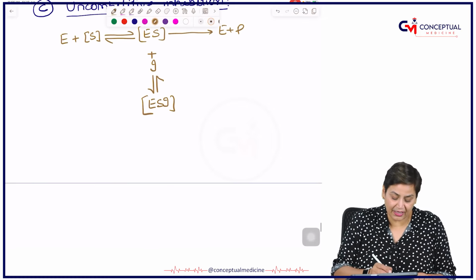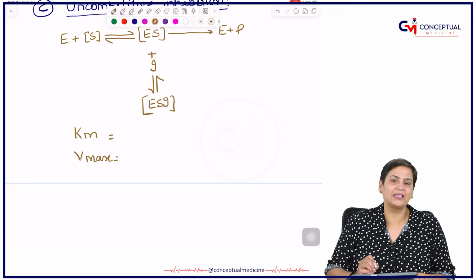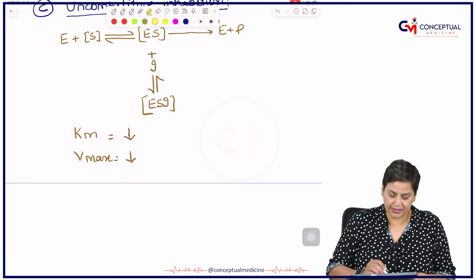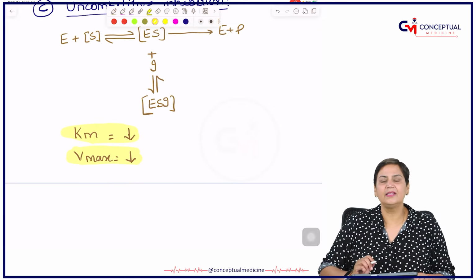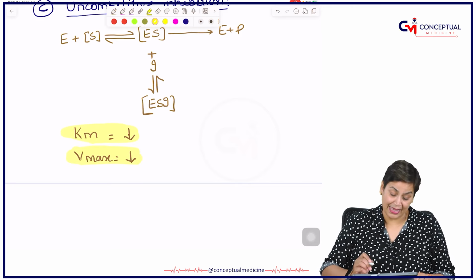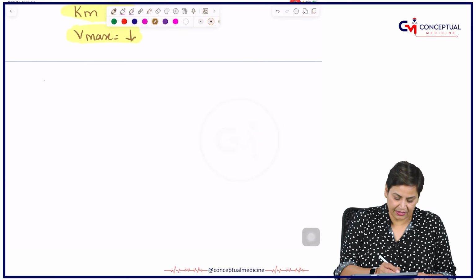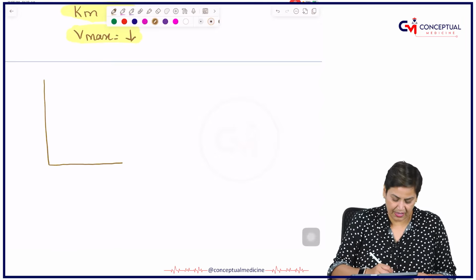Now coming over to the kinetics, what will happen? Again we are dealing with these two parameters only. So Km and Vmax both will decrease. So I can say Km lowered and Vmax also decreases. This is uncompetitive inhibition, and again if we have to extrapolate it on the graph, we can simply say that this is, say, Michaelis Menten, right?